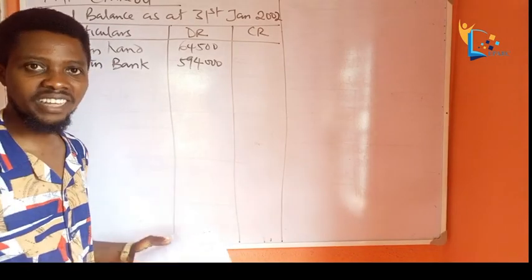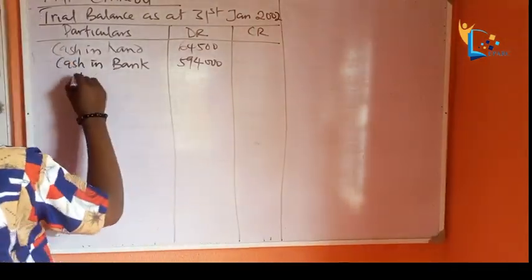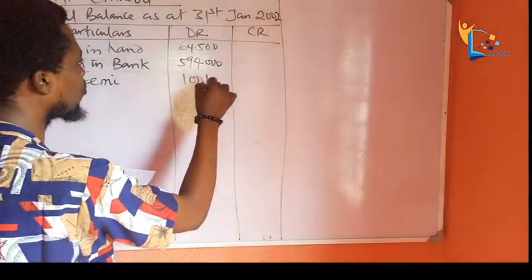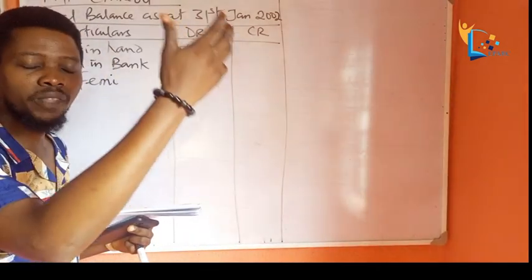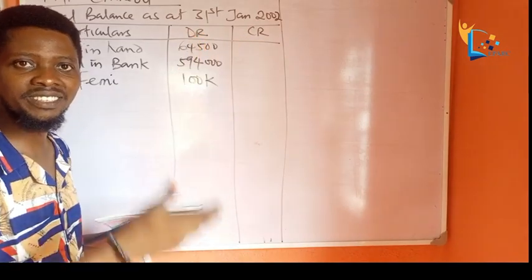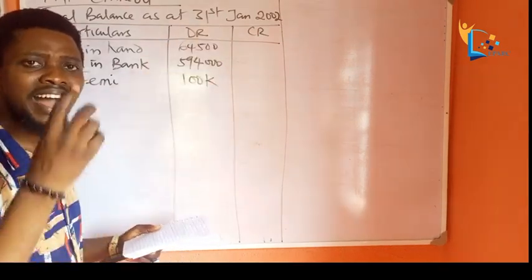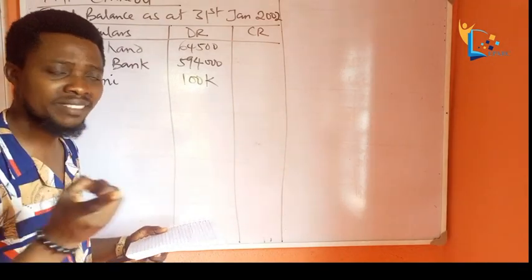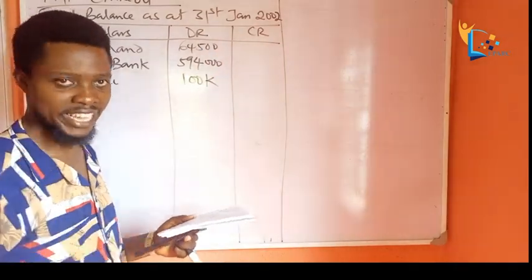Cash in bank is a current asset. That's why you see them here. Let me give another one. Femi is owing us 100K. He has a balance of 100K. Femi is a debtor. Debtor on the balance sheet is a current asset. That is why it's on the debit side. So you debit assets, expenses or payments, while you credit liabilities, income or gain.